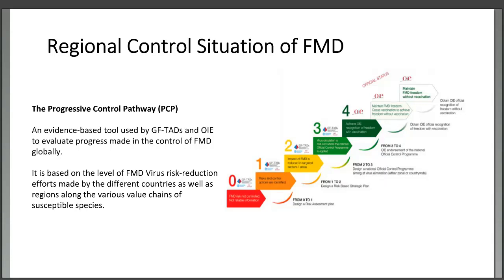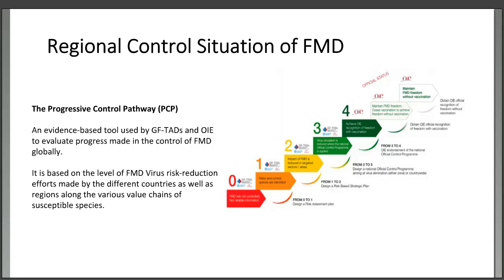Unfortunately, in most of West and Central Africa, none of the countries has gone beyond PCP stage 1. So this tool is used to control the FMD situation in the country.